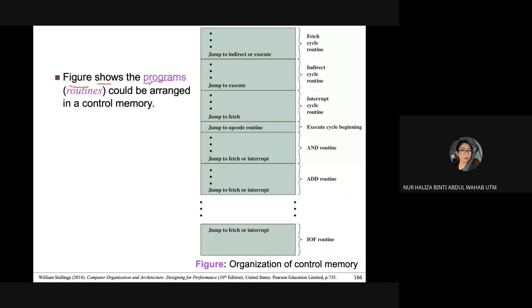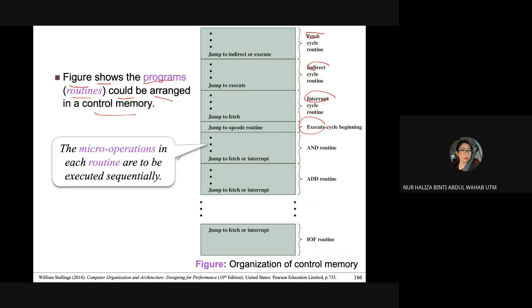The figure shows how the program routines could be arranged in the control memory. So you can see over here you have fetch, indirect, interrupt, execute. And then there are several other cycles that might also be available in your control unit.